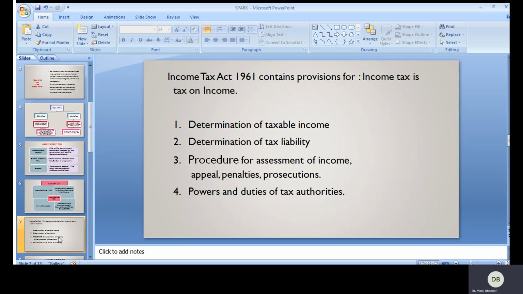The Act also includes determination of tax liability. Then third one, the procedure for assessment of income, different appeals, penalties and prosecutions are there in the Income Tax Act 1961, and it also focuses on the powers and duties of tax authorities.